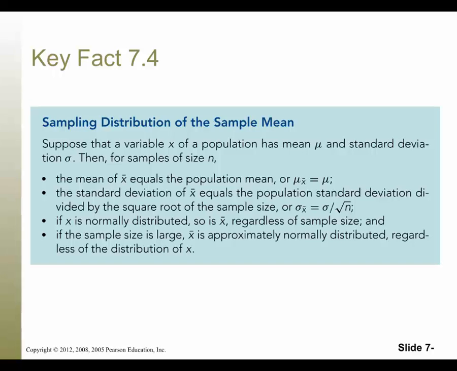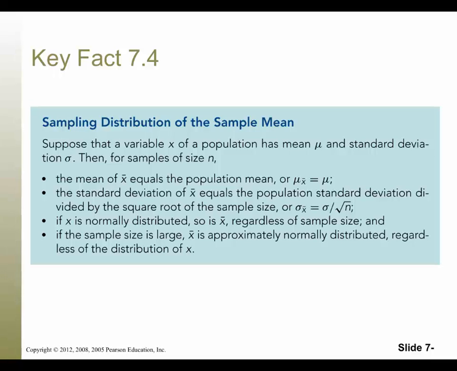So if you just take one or a couple of samples, then your mean is not going to be the population mean, but a predictor of it, right? Because we know there's sampling error. But if you took every single sample of a particular size from a population, then this would be true. The mean of the sample means would be the mean of the population.